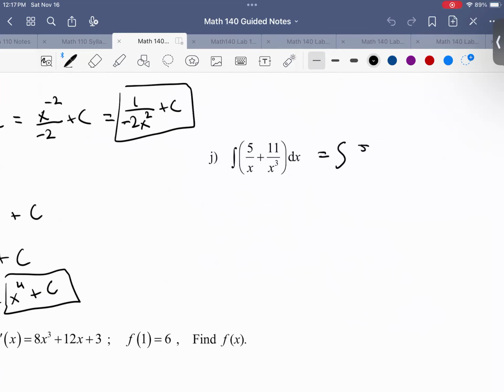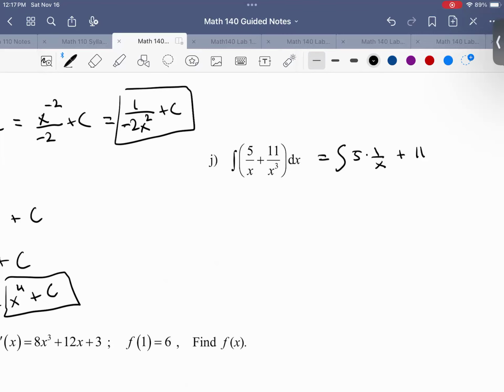I'm going to take out the 5 so it's easier to see the natural log integration. So 5 times 1 over x, and I'm going to bring up that x cubed, so it'll be x to the negative 3, and this is all with, don't forget, our differential dx.